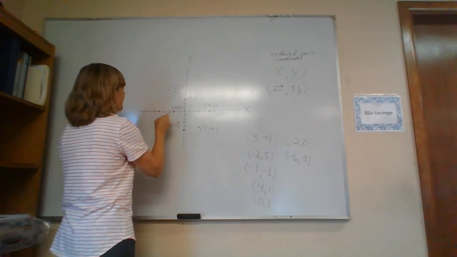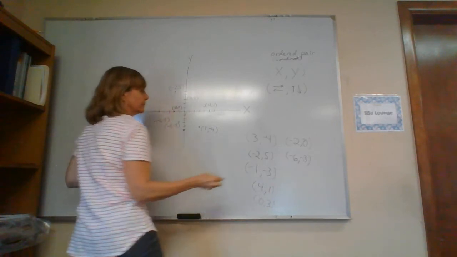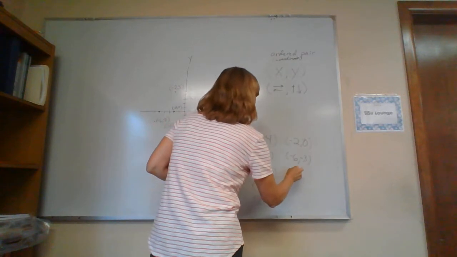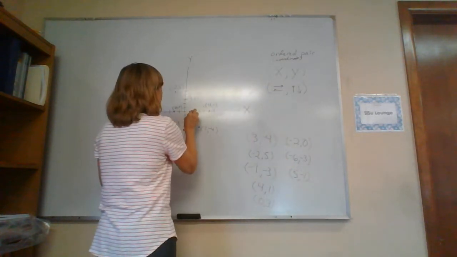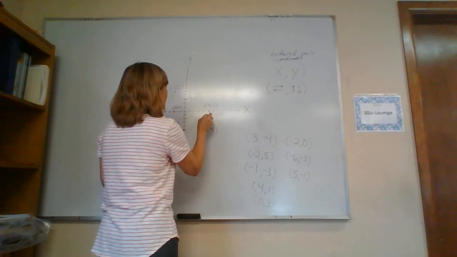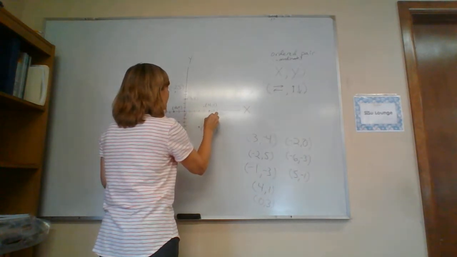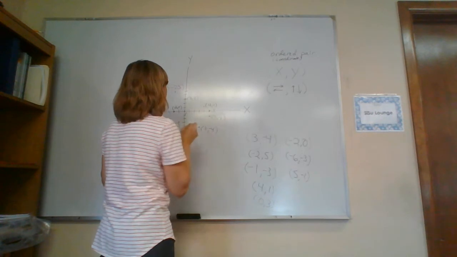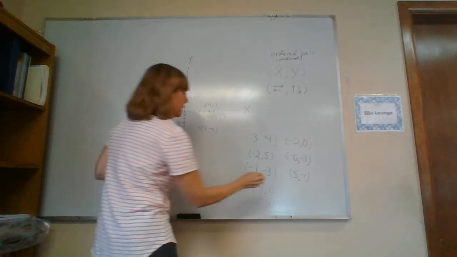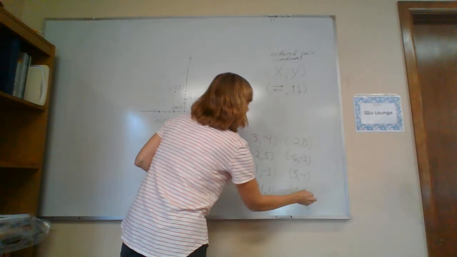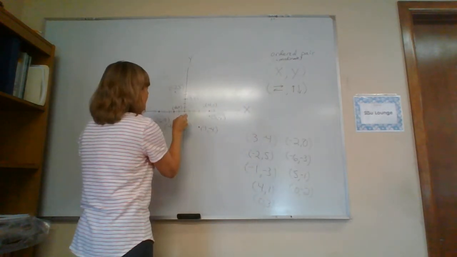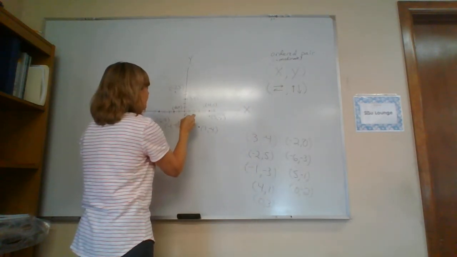Negative 6, negative 3. 5, negative 1. 1, 2, 3, 4, 5. Negative 1. 0, negative 2. Over 0, down here, negative 2.